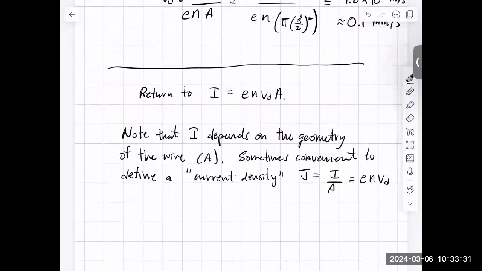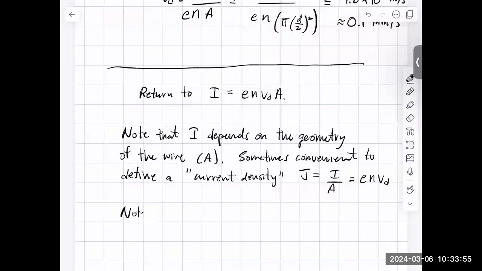if you encounter the current density when you're reading your textbook or looking online, this current density is also often expressed as a vector. That means it has a magnitude, and the magnitude is exactly what we wrote down here. But it also has a direction, and its direction is defined to be the direction of the current in the wire.